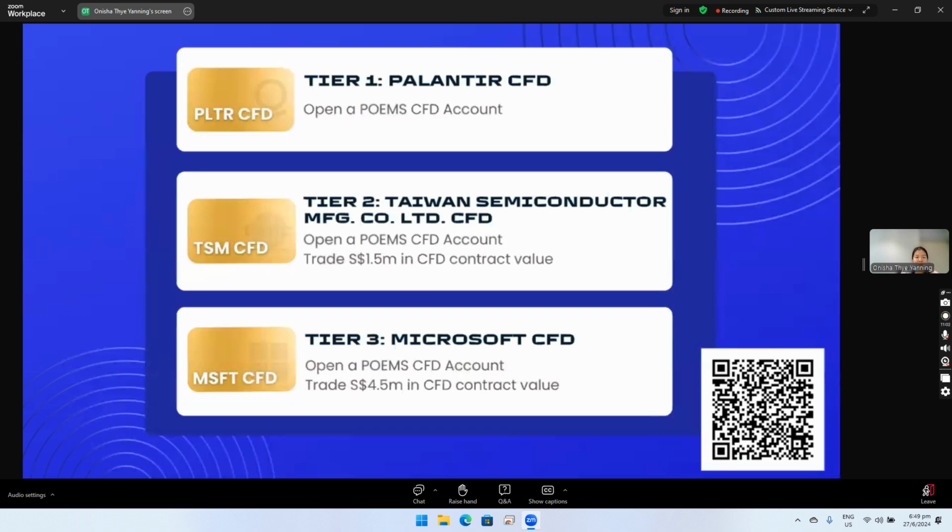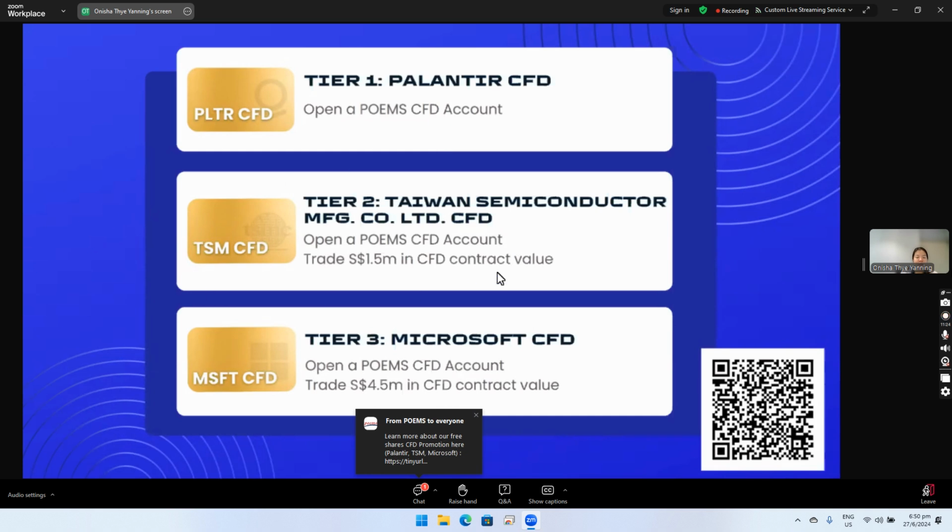Let me explain more about this free share. You can get one share depending on the tier that you hit. For example, if you only open a CFD account, you'll get a free Palantir CFD share. If you open a CFD account and trade 1.5 million in CFD contract value, you will get Taiwan Semiconductor Manufacturing.